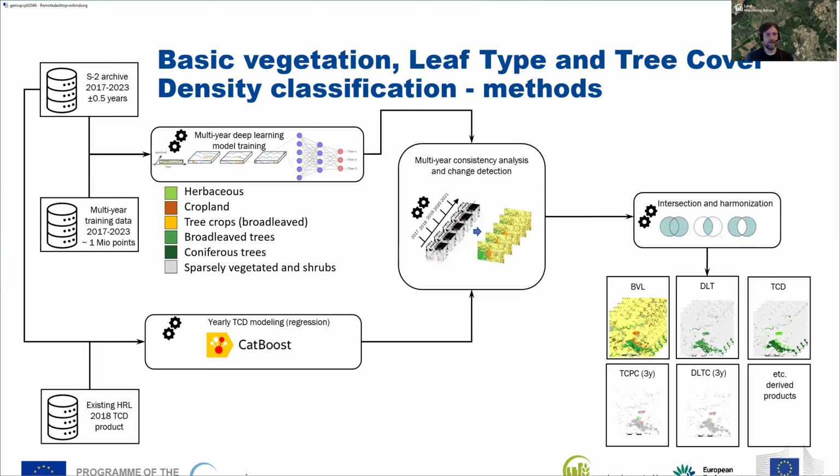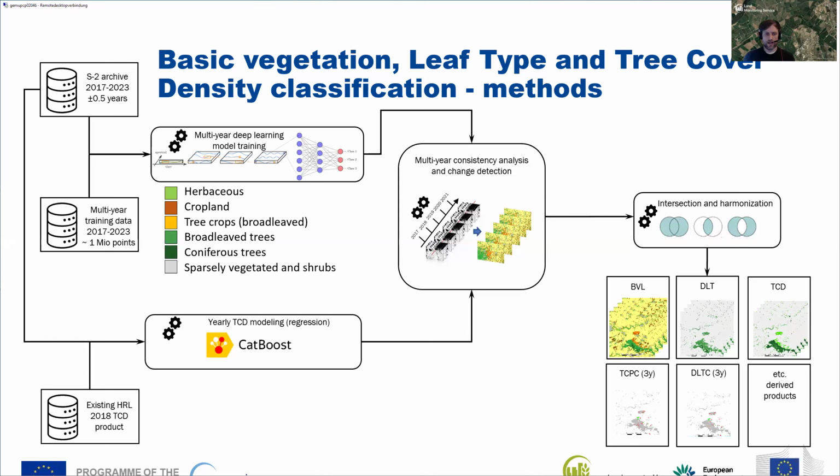On a second processing route, the TCD product is created. This relies also on the Sentinel-2 archive, and as a sample database, the existing HRL 2018 is used. Here it is not the same deep learning model used to model the tree cover density values, but a CatBoost model is used to gain the TCD values.